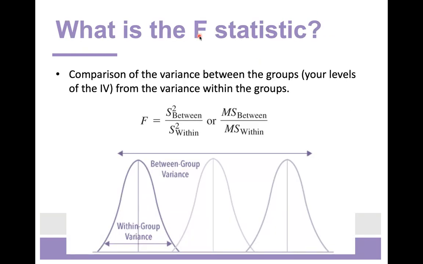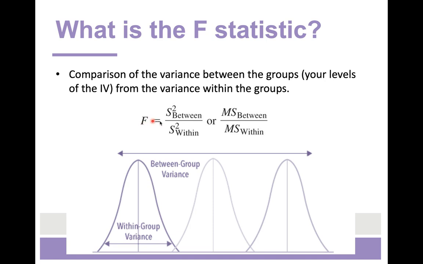Okay. So we're finally going to get to the meat and potatoes of the F statistic. The F statistic is a comparison of, like I said, between groups variance with within groups variance. In fact, it's a ratio.